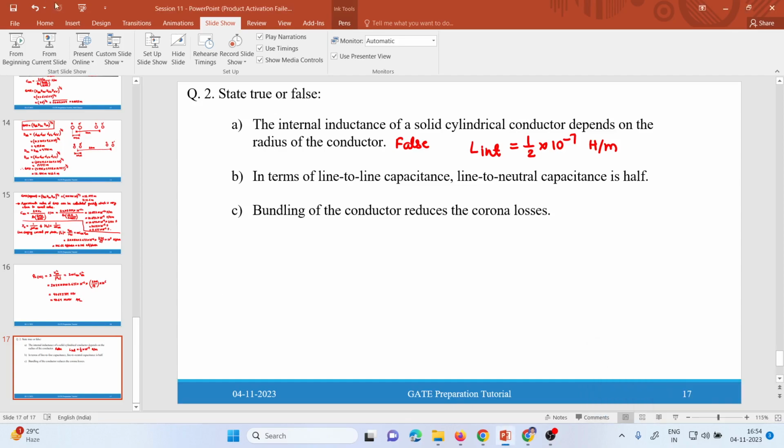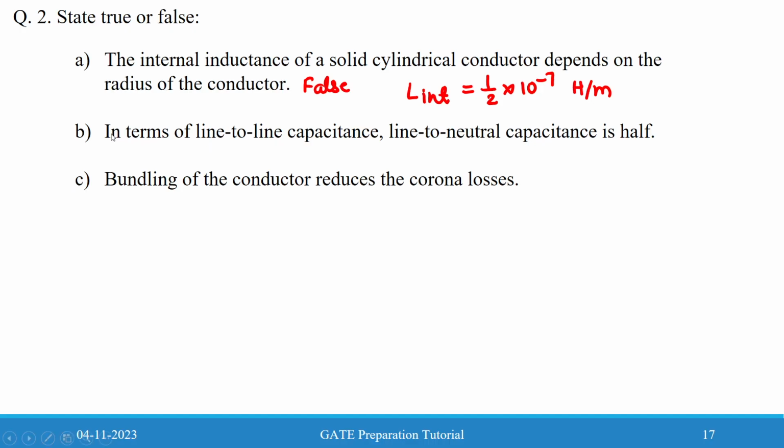I think you have not read the question carefully. In terms of line to line capacitance, line to neutral capacitance is half. It is also false. We have seen C1N or C2N is equal to 2 C12. Okay, got it, sir. Sorry, sir.